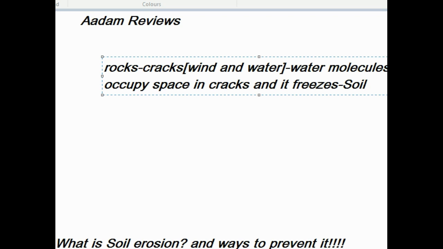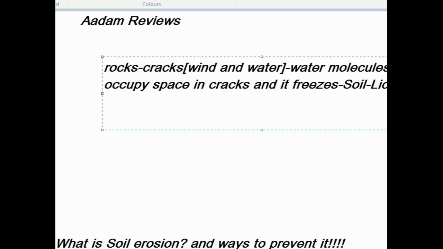Then there are organisms like lichens which sit on the soil, and what they do is make the soil thinner.